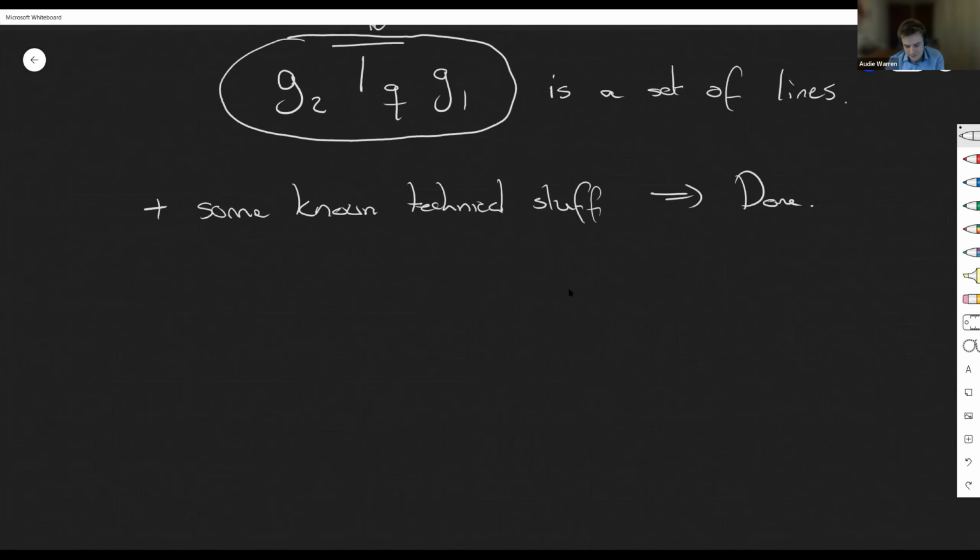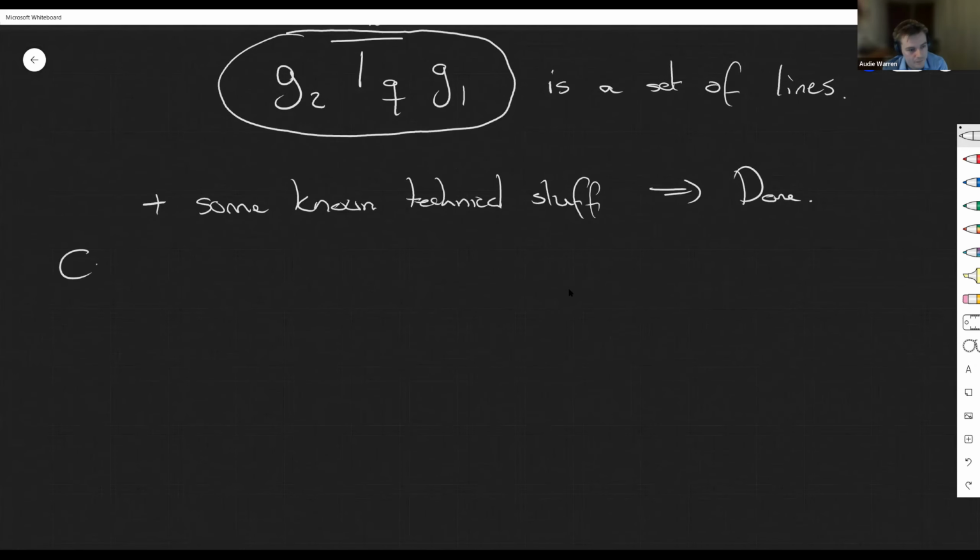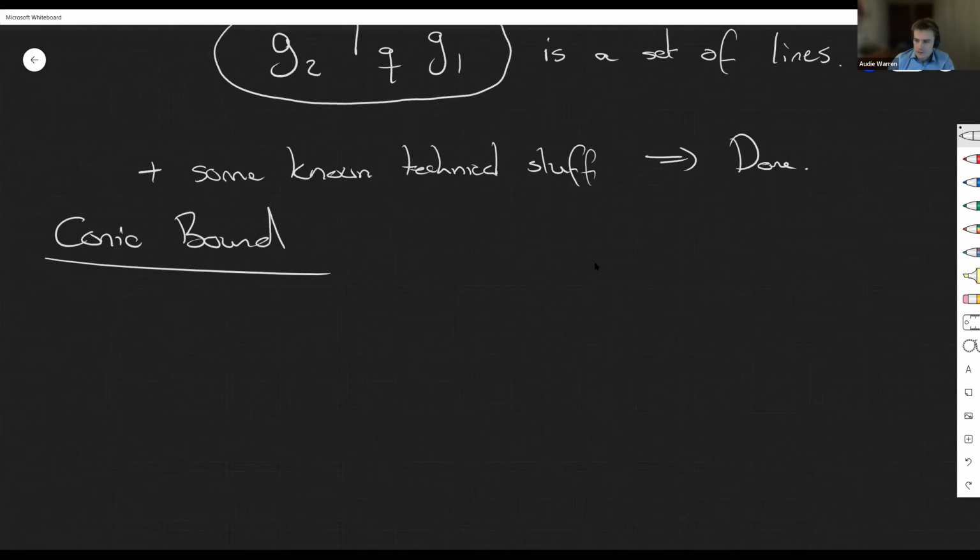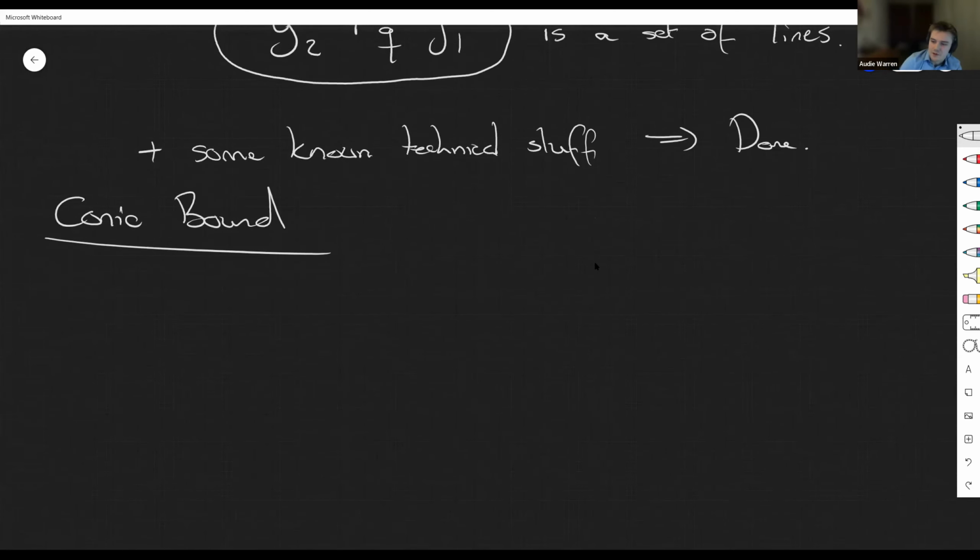So why do I say this? Conic bound. So for this, we're not going to have a set of Möbius transforms. We're going to have any set of conics. So we could have circles, we could have parabolas, we could have ellipses, we can have whatever we wanted.